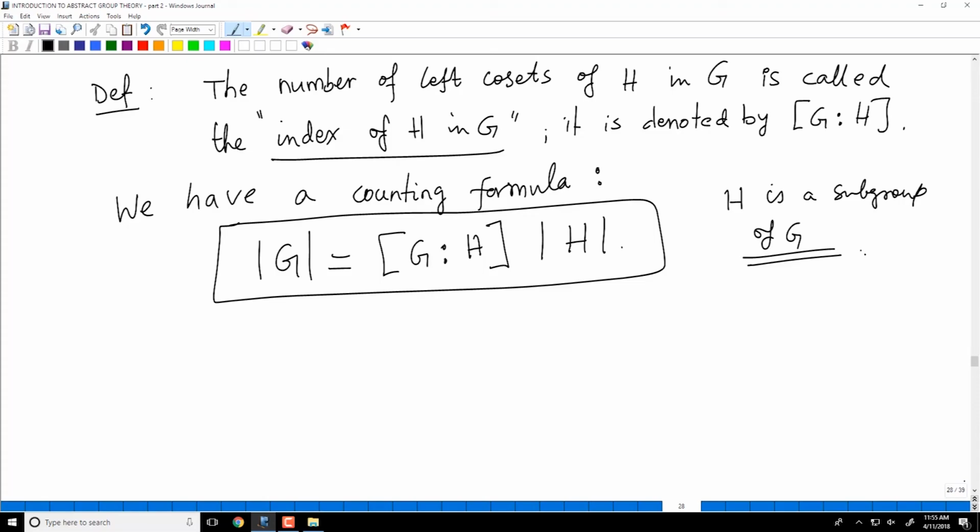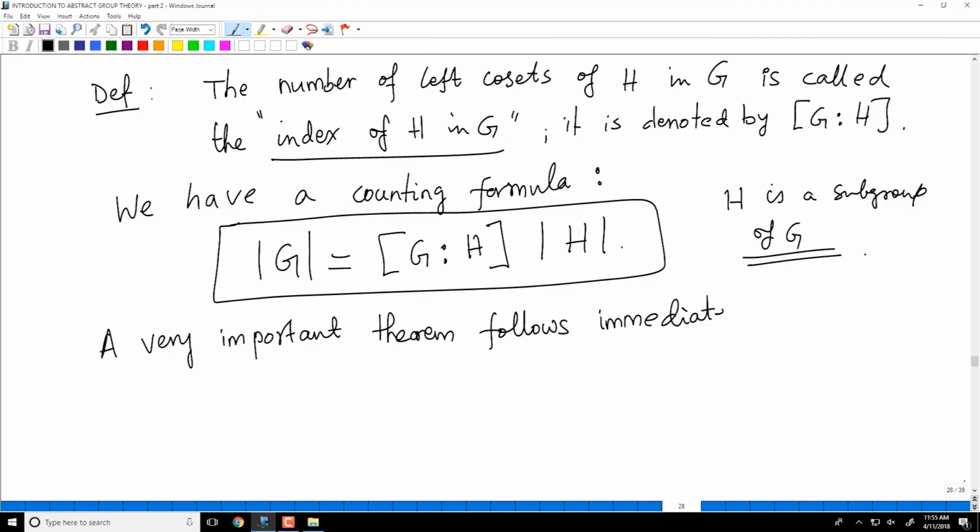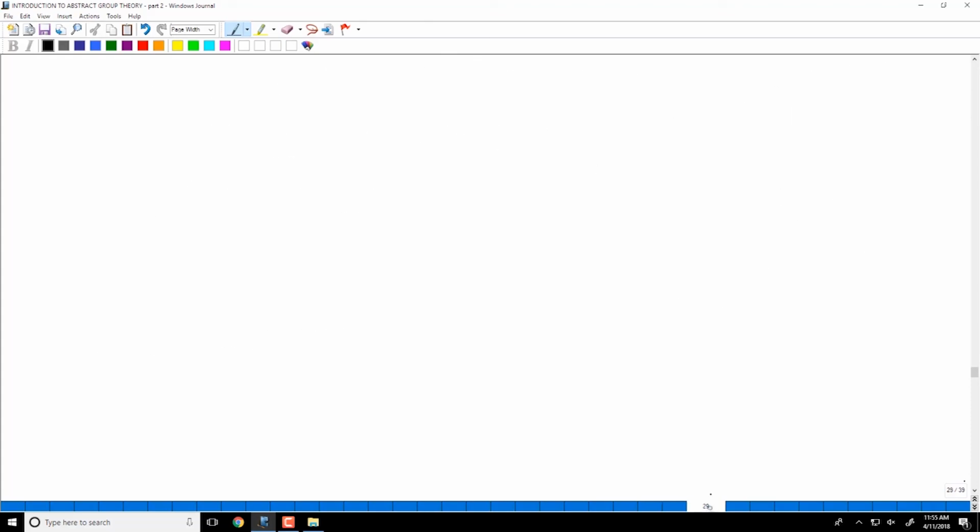Okay, so as an immediate corollary of this, I am going to write a very important theorem. It follows immediately. It's called Lagrange's theorem. So this is one of the first important theorems in group theory. Again, I keep repeating this.